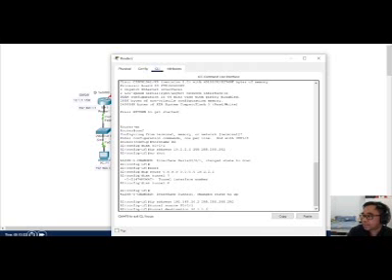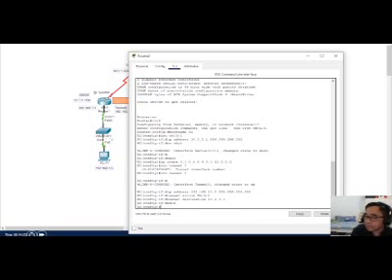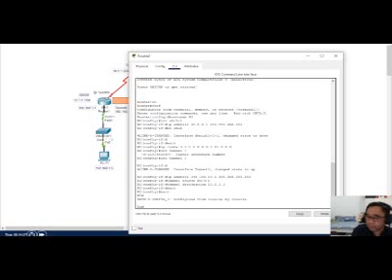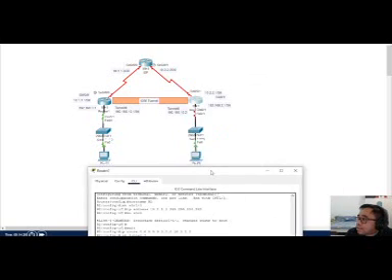Okay, exit. Let's show IP. Let's check the IP. For the serial going to the ISP, we have the IP tunnel. We have successfully set the tunnel.